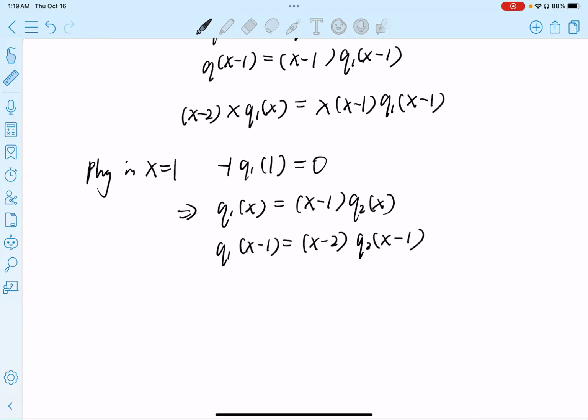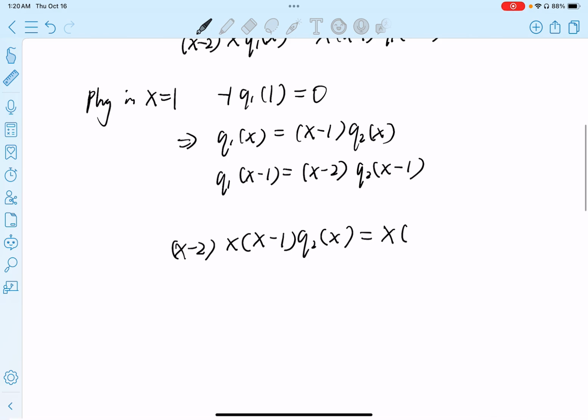And again, we plug this into the formula for q1 with q2 instead, and we write the formula. It gives us x minus 2 times x minus 1 times q2 of x is equal to x times x minus 1 times x minus 2 times q2 of x minus 1.